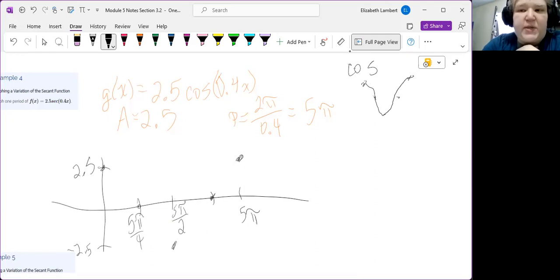And then halfway between 5 and 2.5, that'd be 3.75 pi, which is 3 3/4. 4 times 3 is 12, plus 3 is 15, so it's 15 pi over 4.